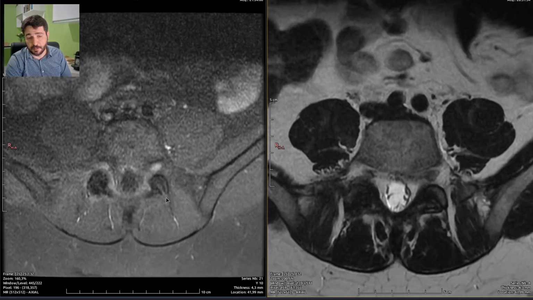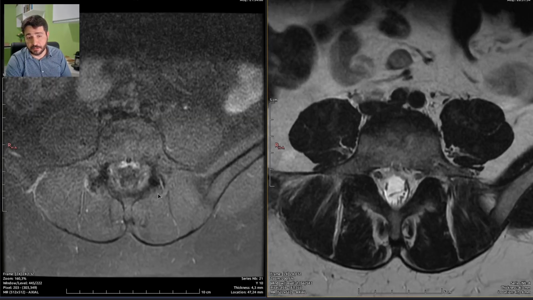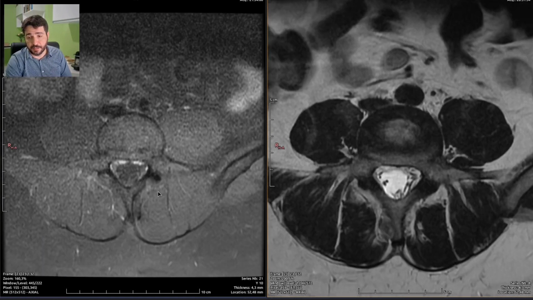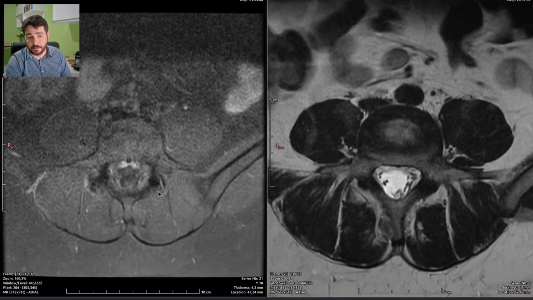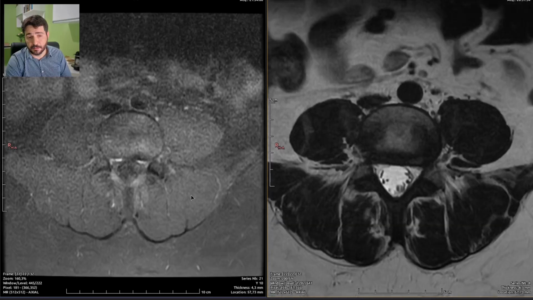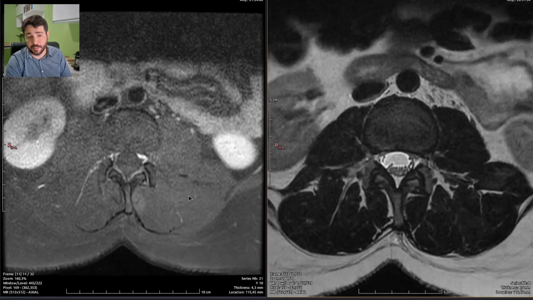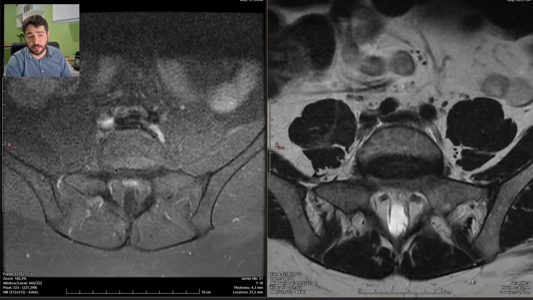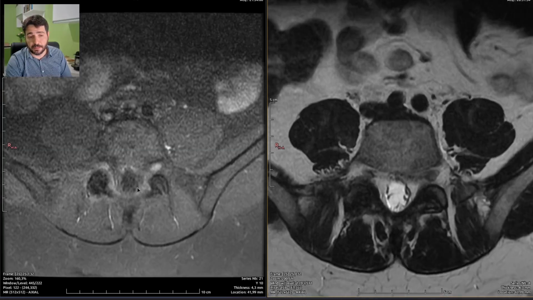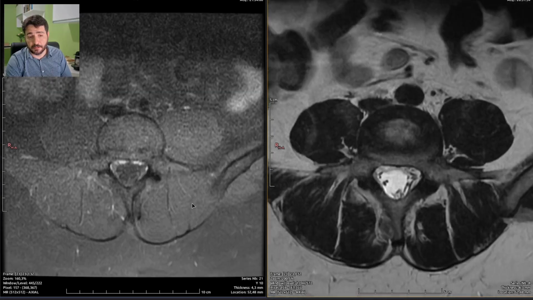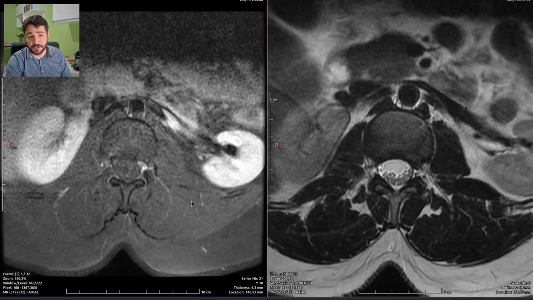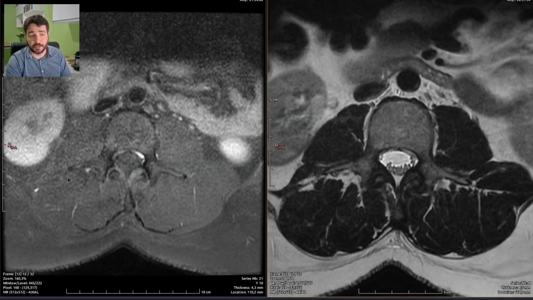There is some enhancement on these facet joints related to arthrosis and some kind of synovitis, which is quite common, and we can readily see this on the STIR images. There is no need to actually use contrast enhancement.